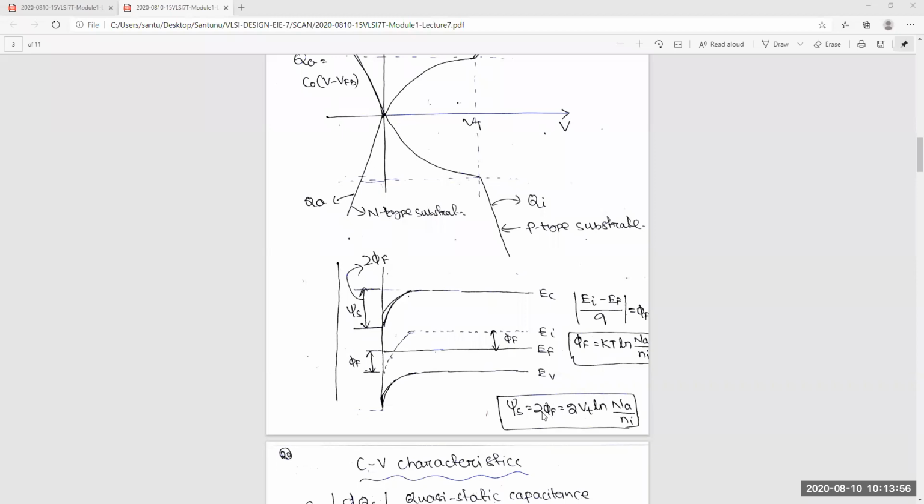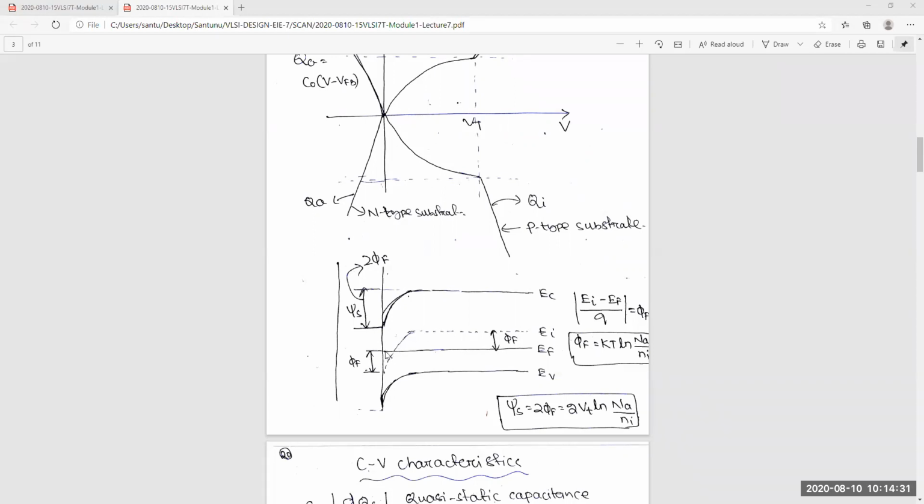During inversion, the Fermi potential of the semiconductor is always constant. For an n-type, negative charges will come to the surface, so this part of the semiconductor will behave as an n-type semiconductor, and that's why the band will bend.